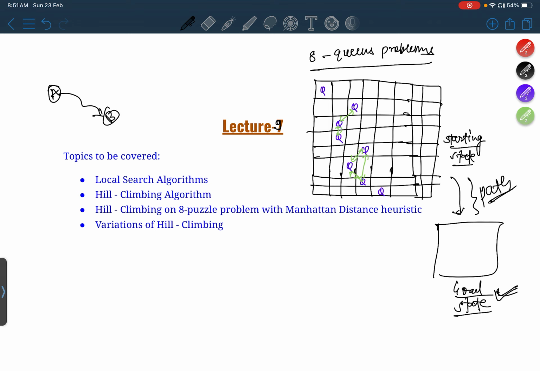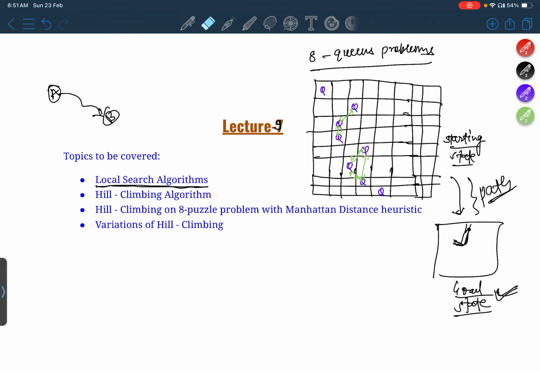But here we are more interested in the goal state: let's place this, and that's all we needed. So in these kinds of problems, we have another type of search mechanism called local search algorithms, which can help us find the goal state much better in much less time.